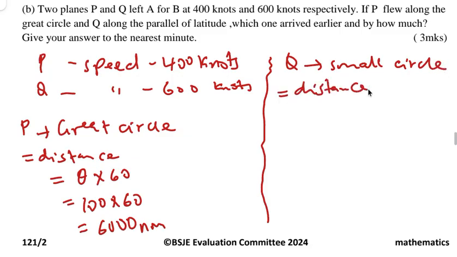If it is a small circle, use theta times 60 times cos of latitude.